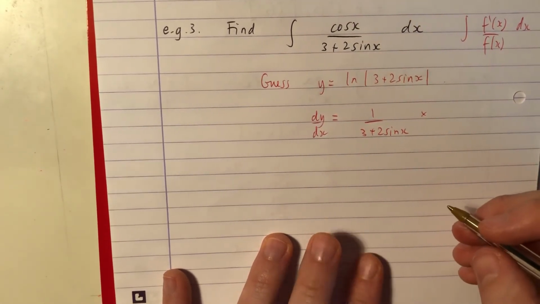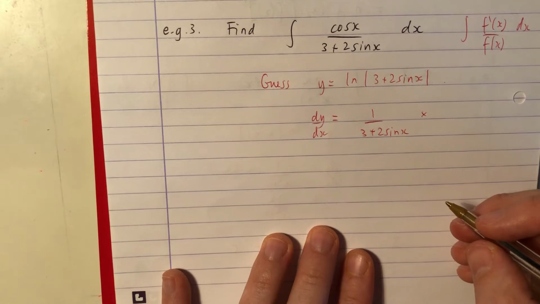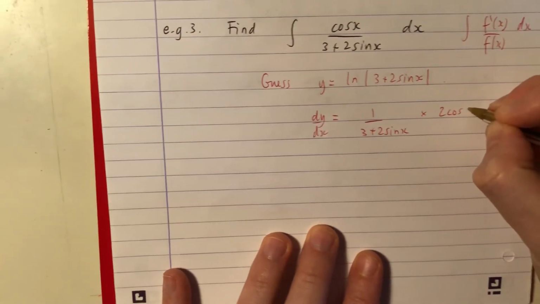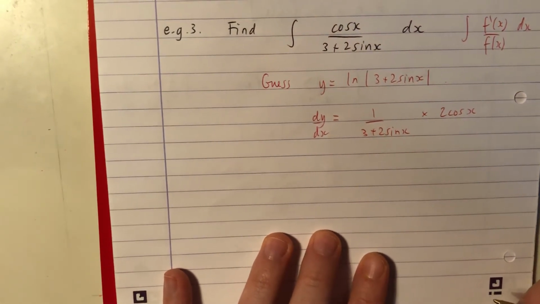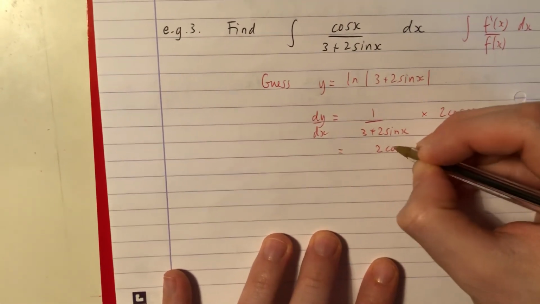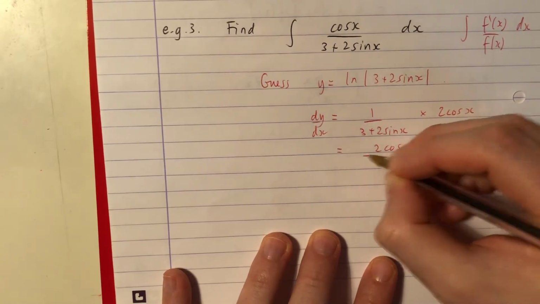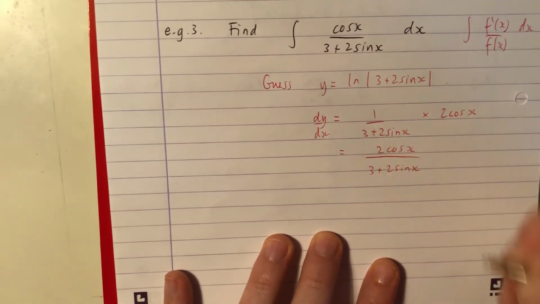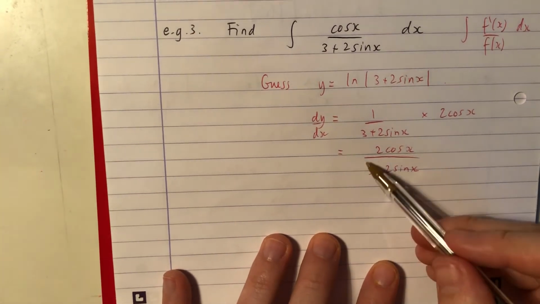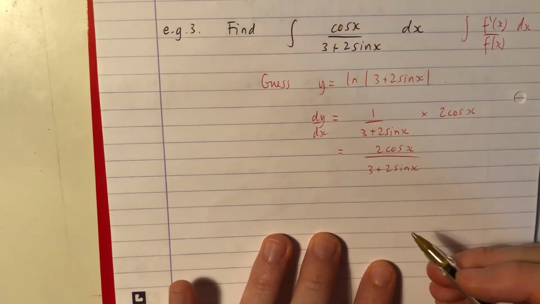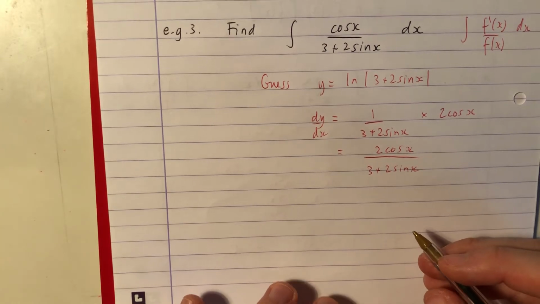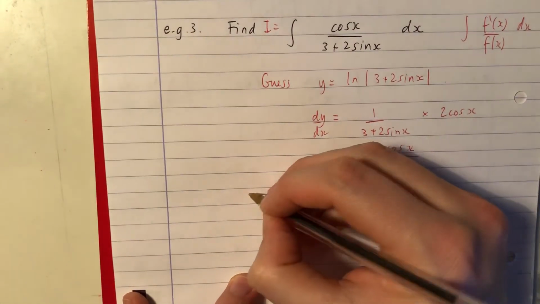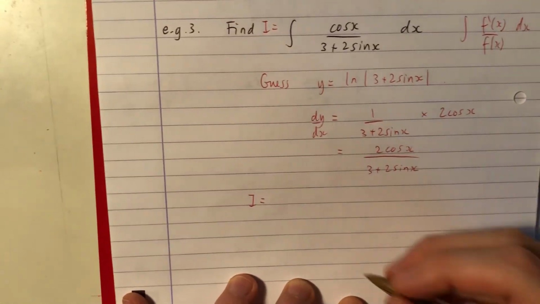What does 3 plus 2 sine x differentiate to? 2 cos x, which is 2 cos x over 3 plus 2 sine x. How bad does that guess? Well, it was out by a factor of 2. 2 times too much. So the integral, which I'll call I, needs to be half of my guess.